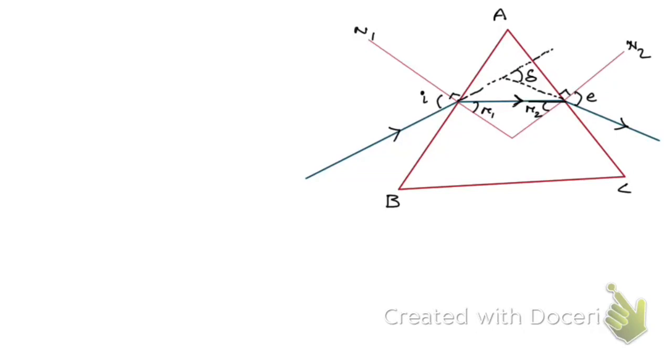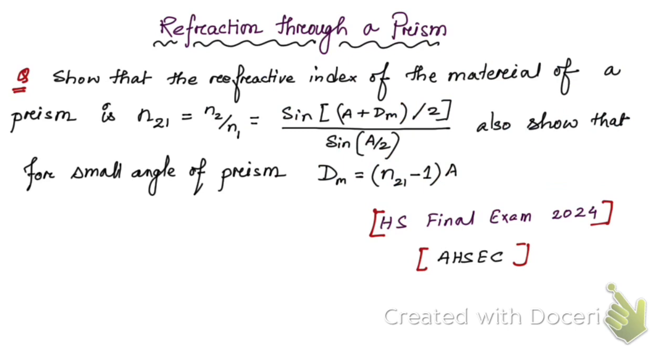Now the question says the refractive index of the material of the prism is n21. What does it mean? Suppose this is the prism; the refractive index of the material of the prism is n2, and n1 is the refractive index of the medium in which the experiment is done.